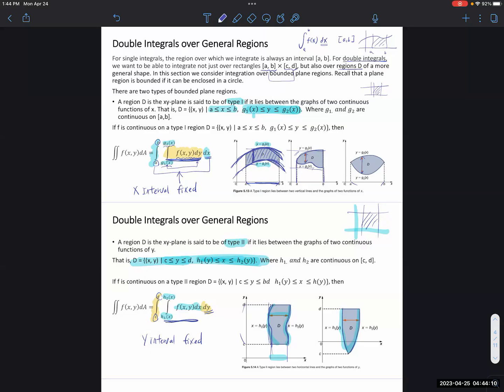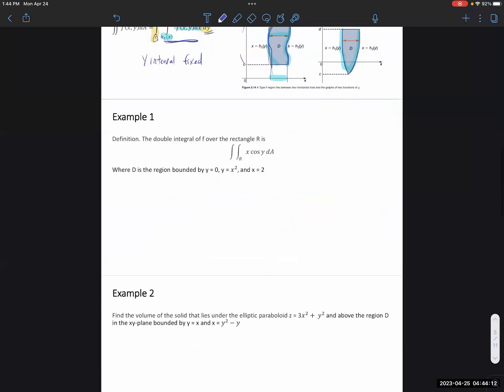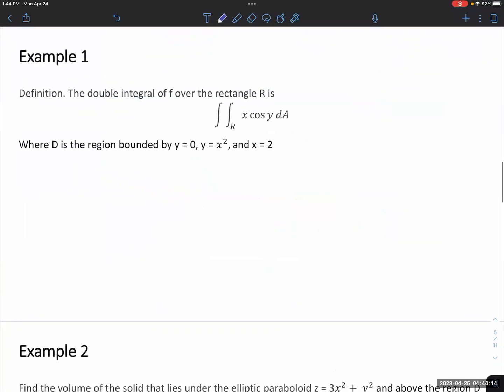I really want to do this type of question. So here we go. They are giving you the double integral. We know the symbol, and the R means find the region. The given function is x times cosine x.